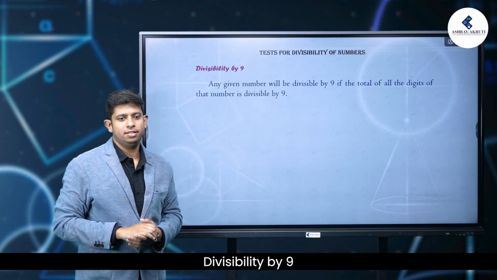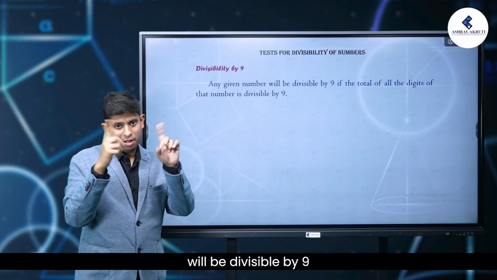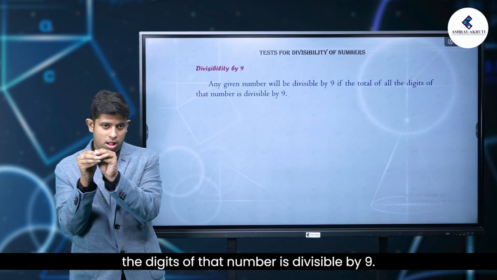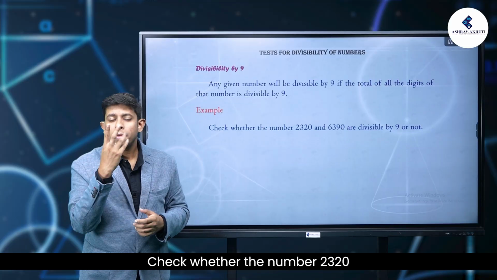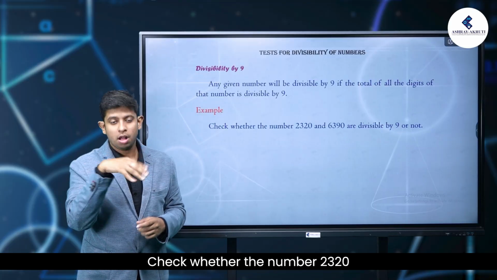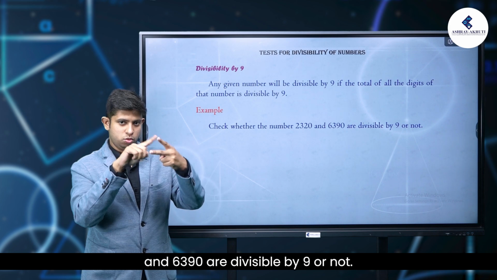Divisibility by 9. Any given number will be divisible by 9 if the total of all the digits of that number is divisible by 9. Example: check whether the numbers 2320 and 6390 are divisible by 9 or not.